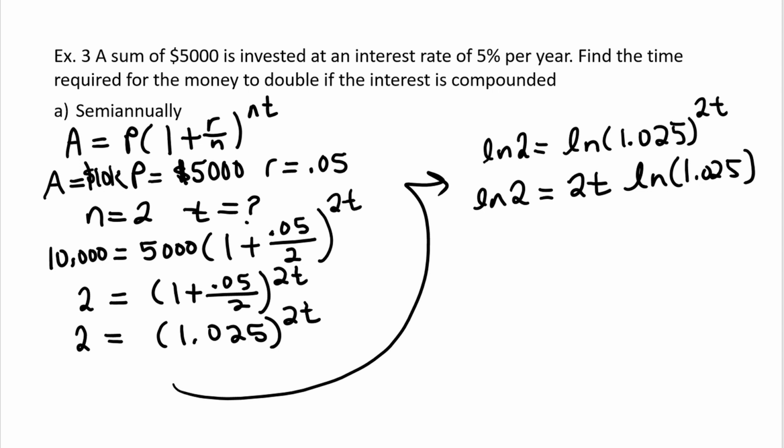Now divide by the 2 and the natural log of 1.025 to get the t by itself. So you have the natural log of 2 divided by the quantity 2 times the natural log of 1.025 equals t. Okay? That really tells you nothing, so let's compute that value in your calculator.